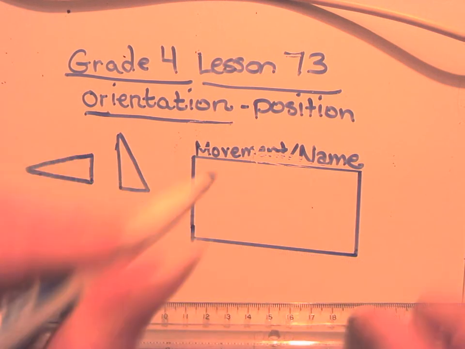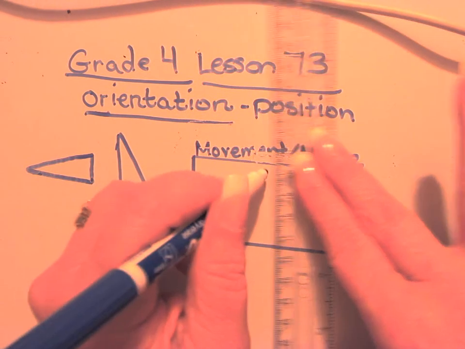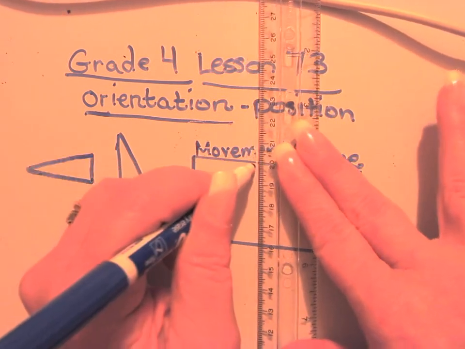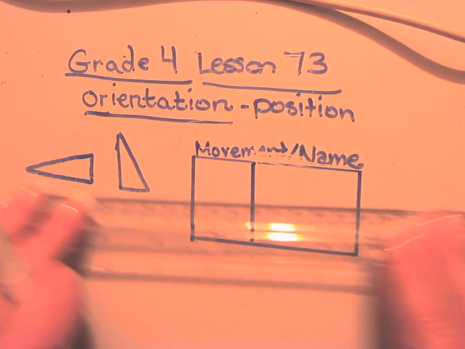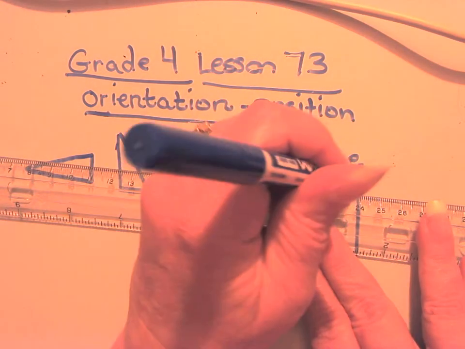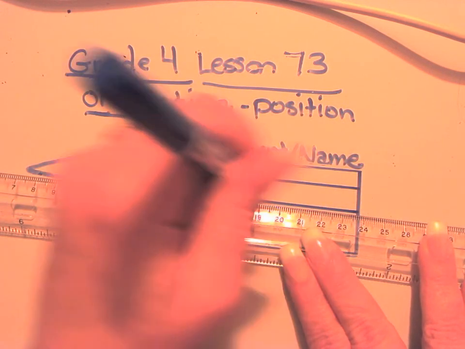All right, so let's put 3 boxes along here. We can do a smaller one on that side and a little bit larger on the other side. 1, 2, 3.